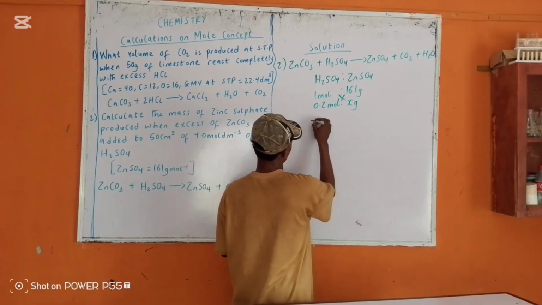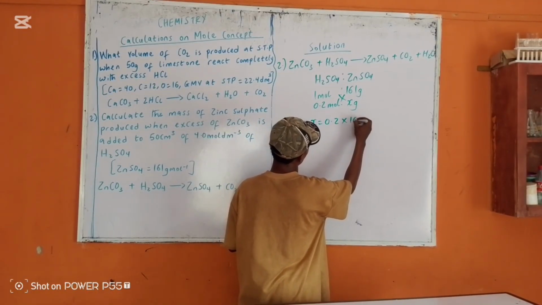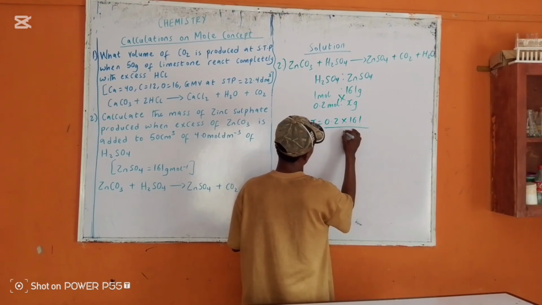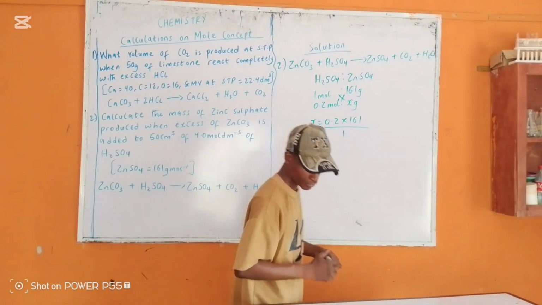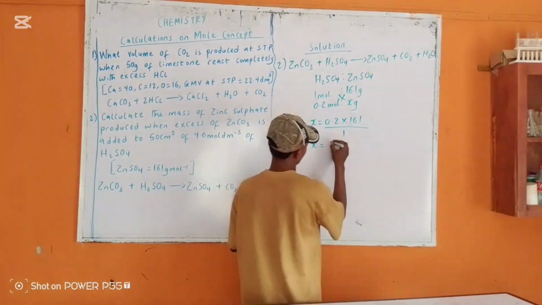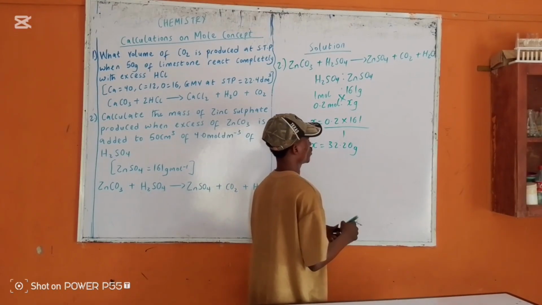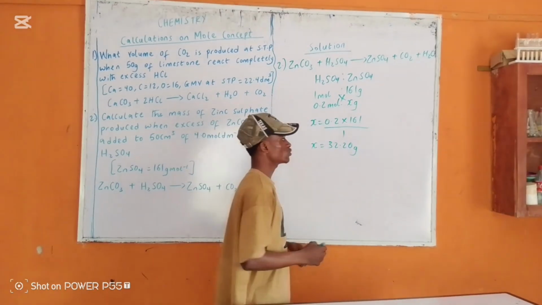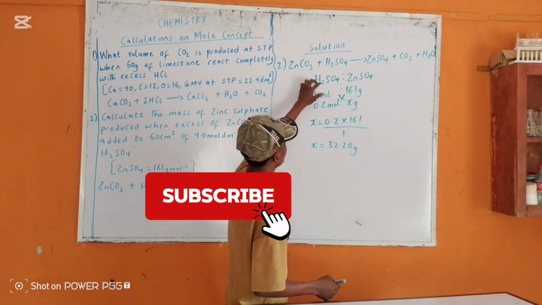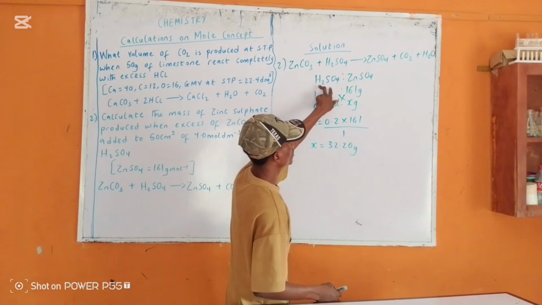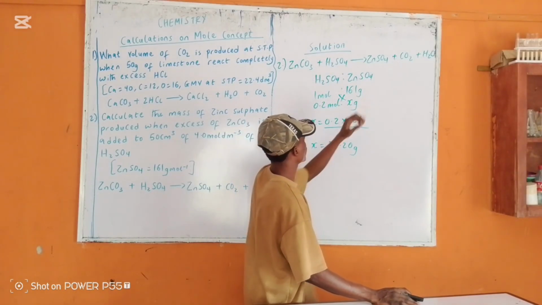So x equals 0.2 multiplied by 161 over 1. So our x equals 32.20 gram. If you write gram per mole, it's still correct. When we make use of 1 mole of sulfuric acid, we get 161 gram of zinc sulfate produced.